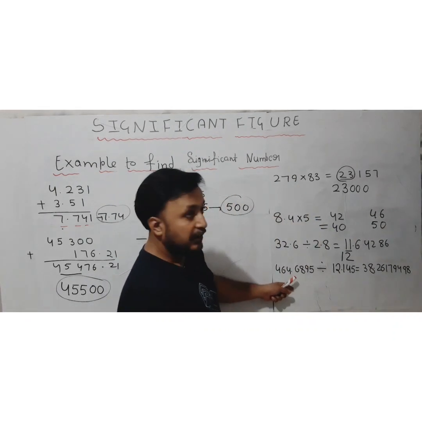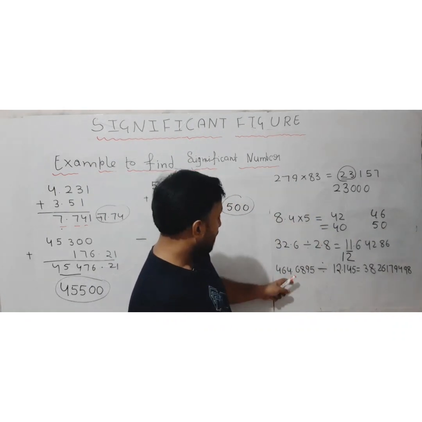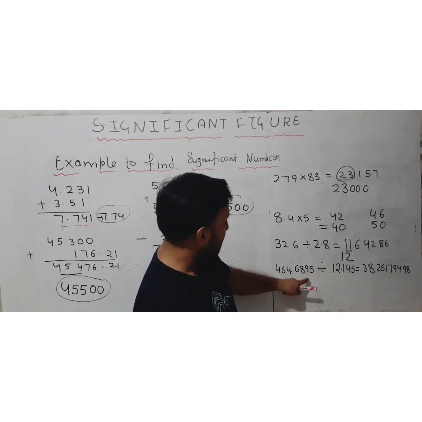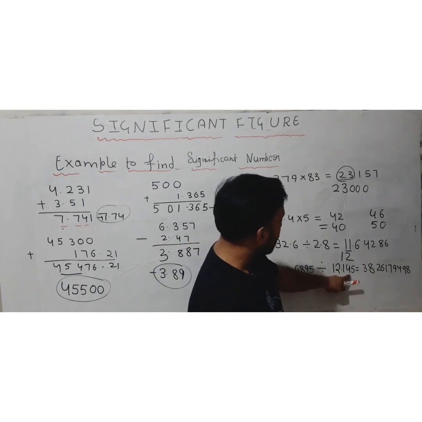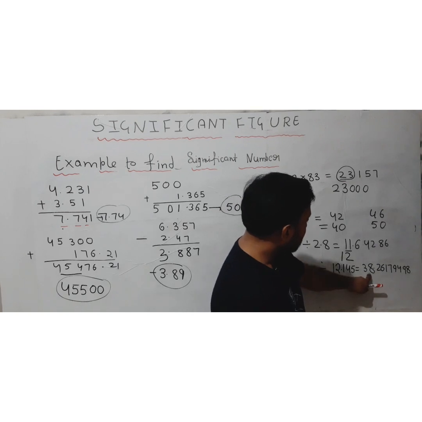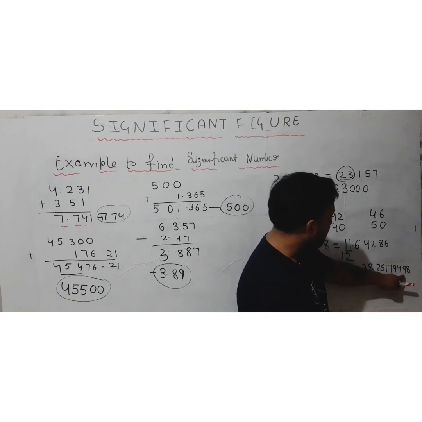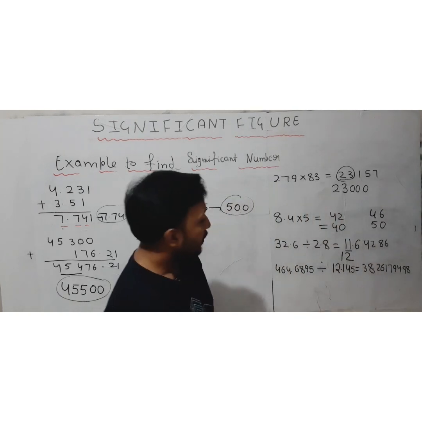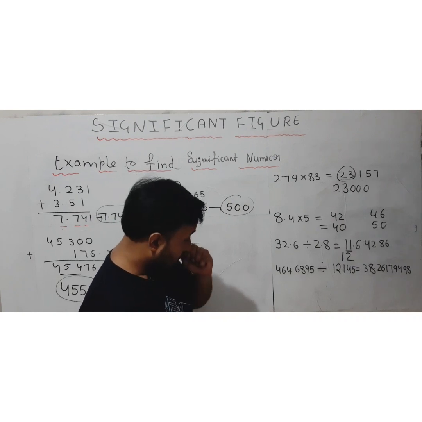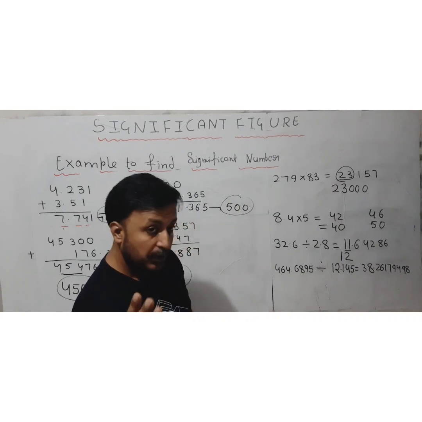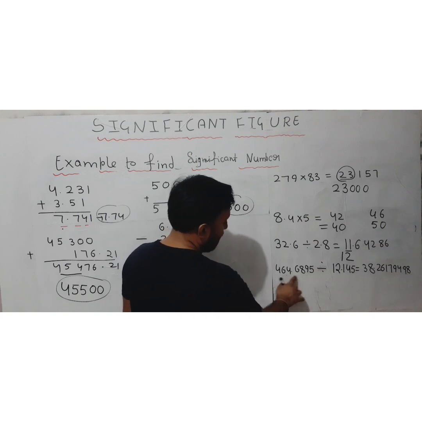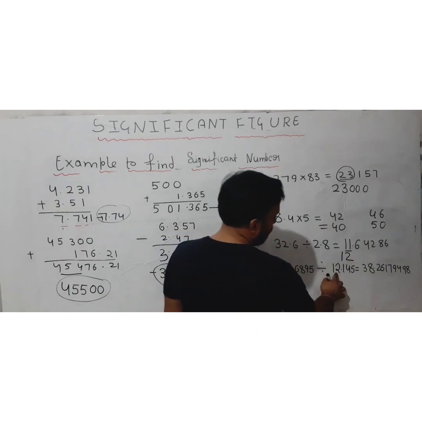Now the last part, where 464.6895 is divided by 12.145, and the answer is coming 38.2617944948. Now the important thing is that we have to count the minimum value. For this, 3 plus 4, 7 are there, and for this 2 plus 3, 5.